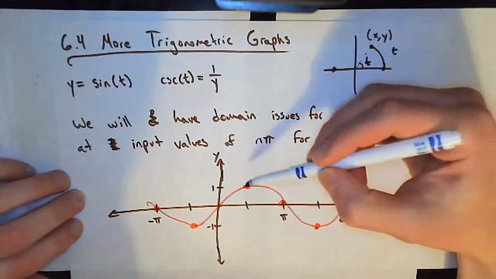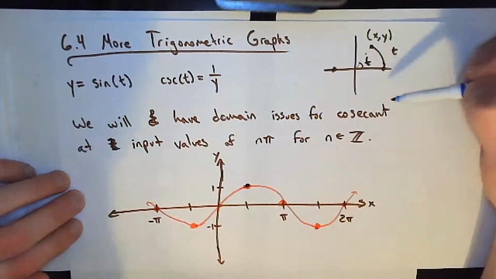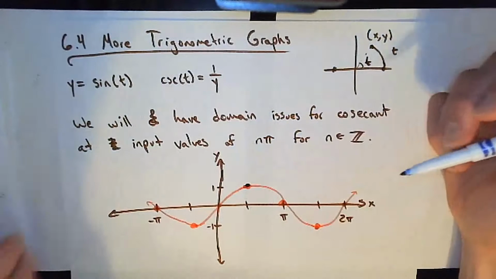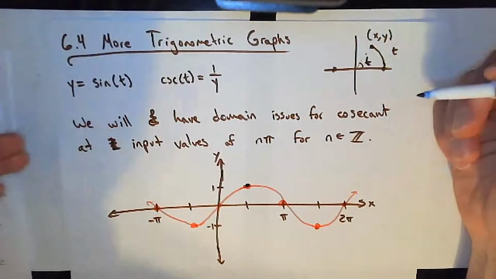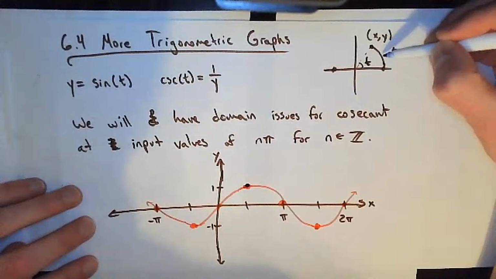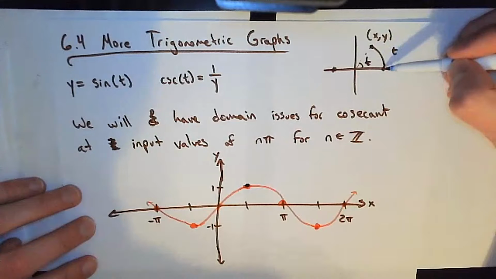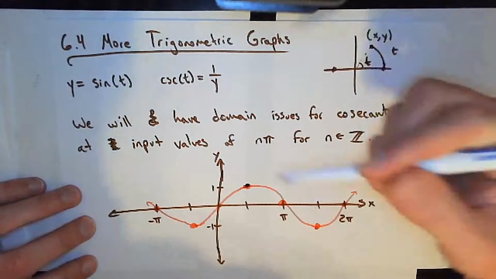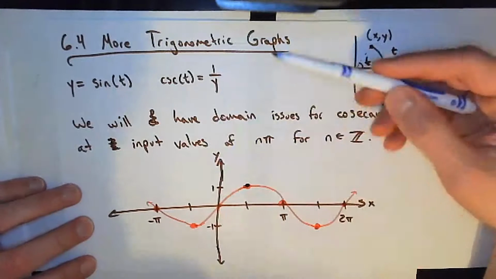What happens as we try to get close to t equals 0? That's going to be a domain issue. So what happens as we get close to 0 for the cosecant function? Well, y is going to tend to 0, right? Because as t is closer to 0, the y value gets smaller and smaller, thinking on the unit circle over here. If you're dividing by a very tiny number, what did that do for reciprocal functions?